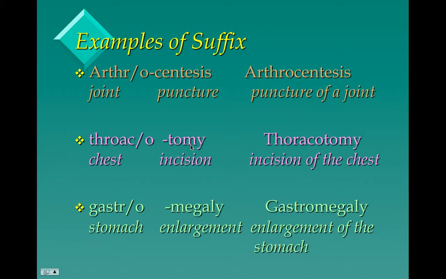Tomi would also be a suffix. So arthrocentesis: you can see arth is the word root, o is your combining form with your vowel, and centesis would be the suffix. So arthrocentesis means puncture of a joint. Okay.